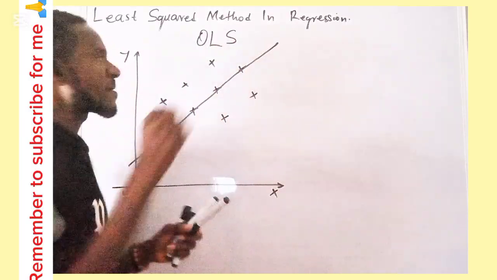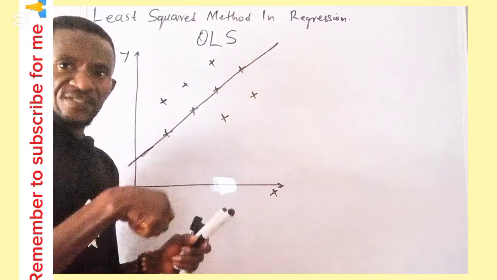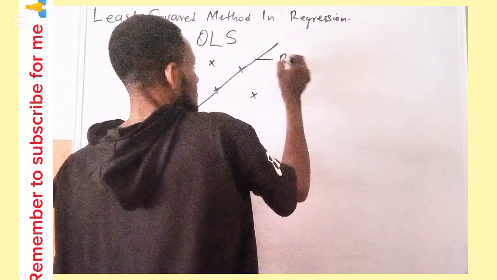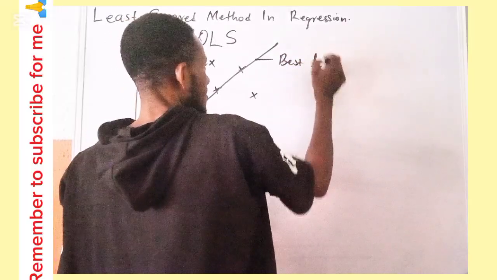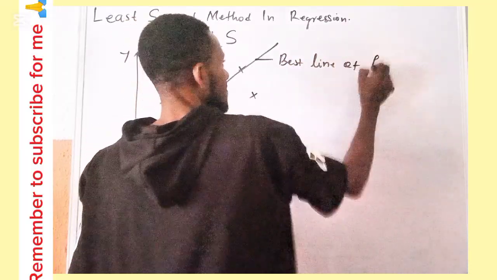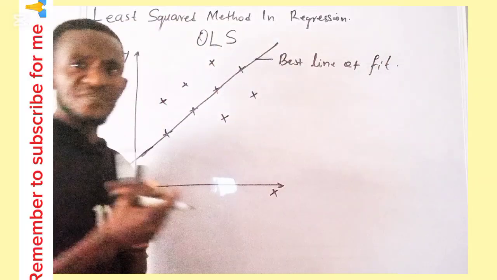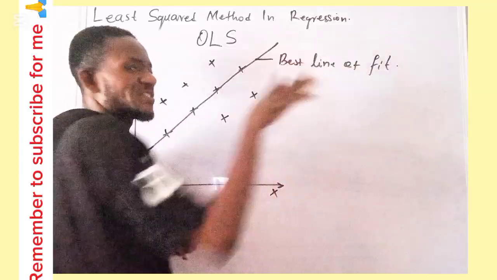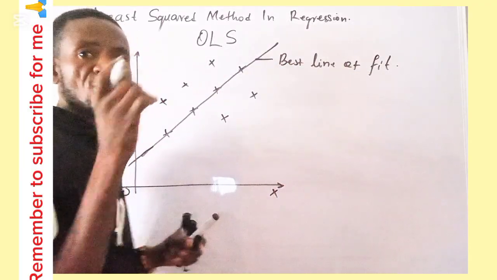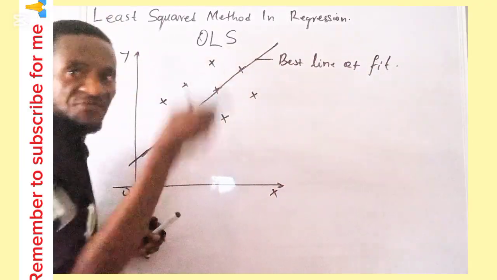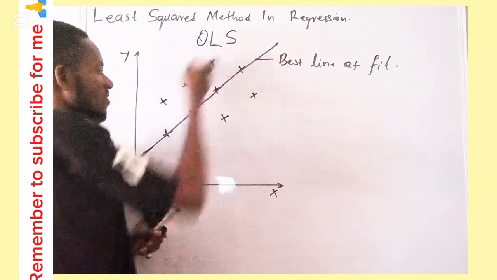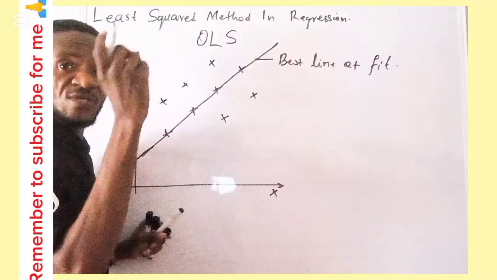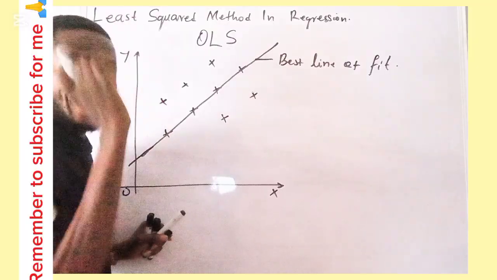It is what we call the best line of fit. It is called best line of fit because when we consider the deviations of the data points from this regression line, it is going to give us a very minimal value.